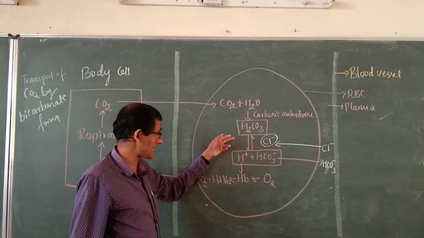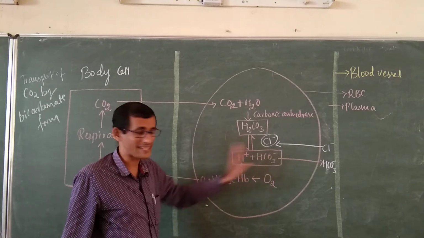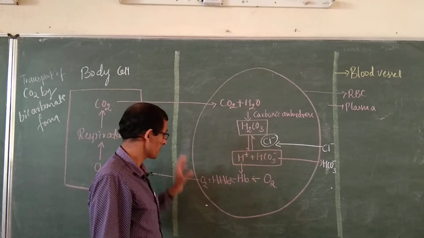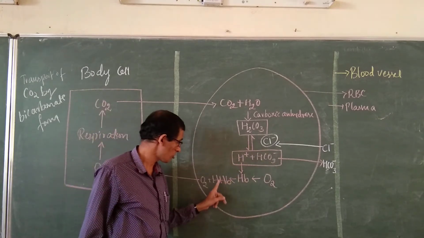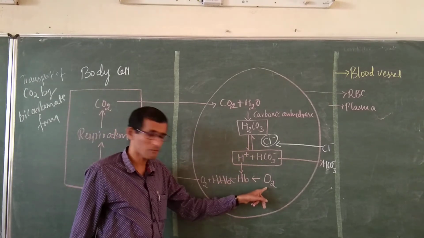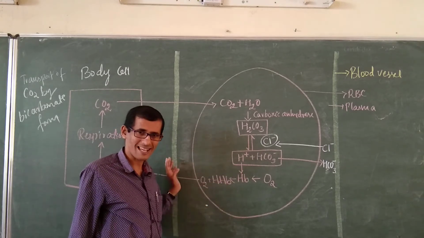That carbonic acid readily dissociates into H+ and HCO3- inside the RBC, and that H+ combines with Hb to form HHb, which will transport oxygen into the cell at a later stage.